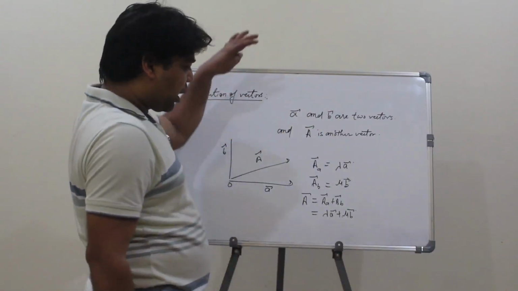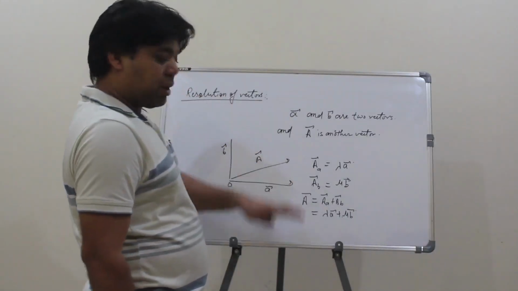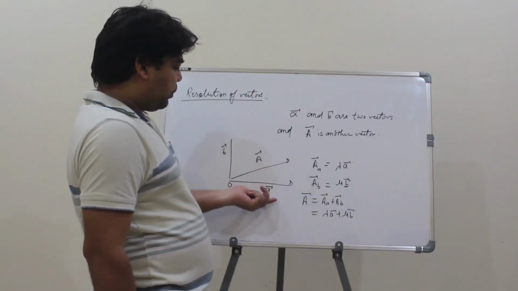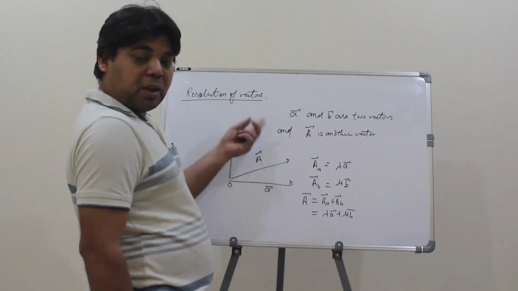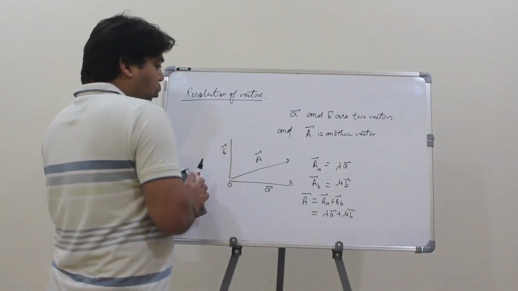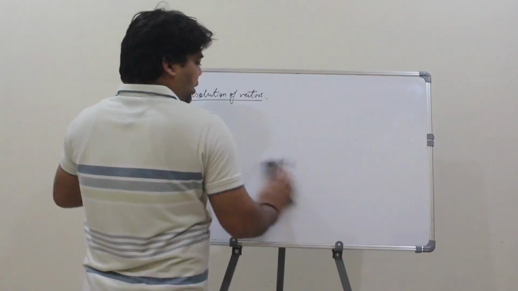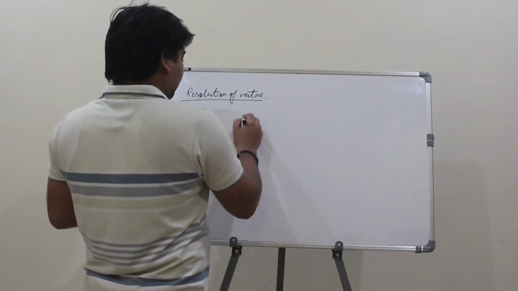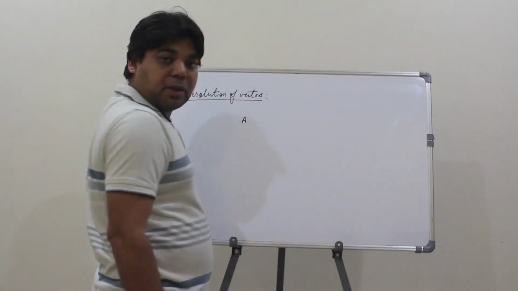Now let us take it to more particular cases. This is a general case. Now let us specify a and b and their directions, and then take a particular vector A and break it into components, right? So let us take an example of a vector A. Now, how is the vector represented?